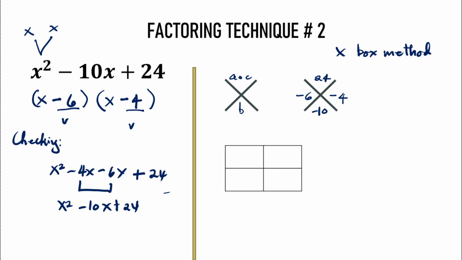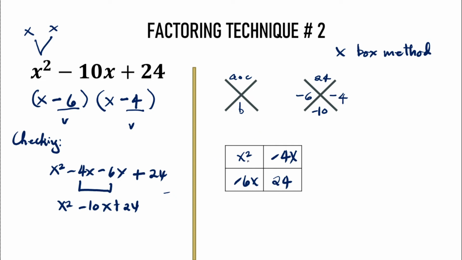Dito, ilalagay natin si x squared. Dito naman si positive 24. Dito naman si negative 6x. Dito naman si negative 4x. Okay. So, next naman, gagawa tayo ng set of numbers na ilalagay natin dito sa left saka sa top.